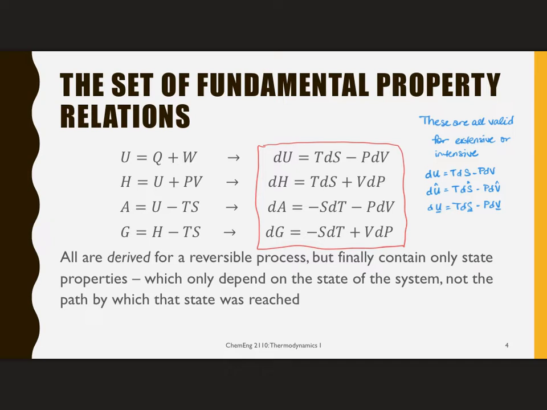Or it could be the per mass, dU circumflex equals TdS circumflex minus PdV circumflex, okay? Or it could be the molar basis, per unit mole, dU underscore equals TdS underscore minus PdV underscore. So that's what I mean when I say I am not going to write these out for every possible variation.